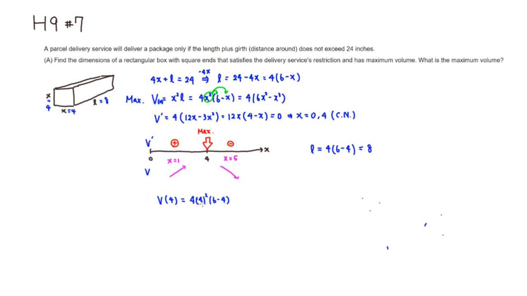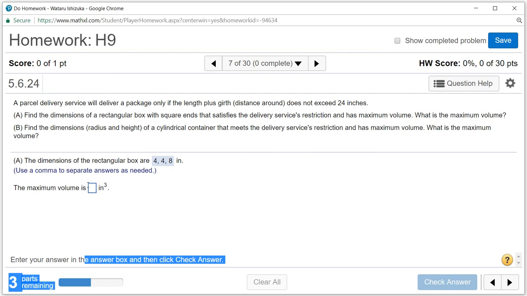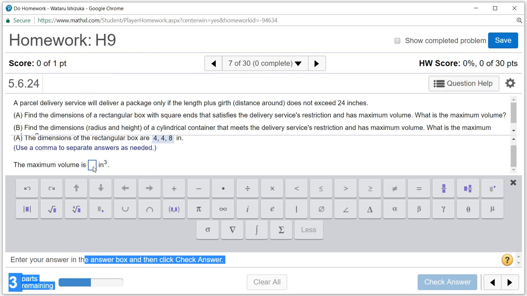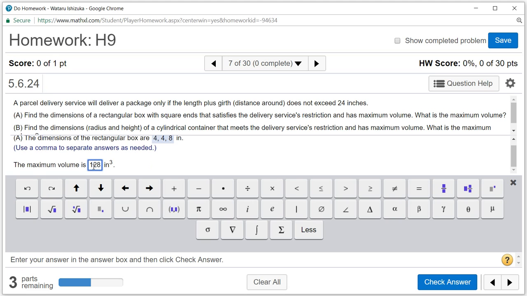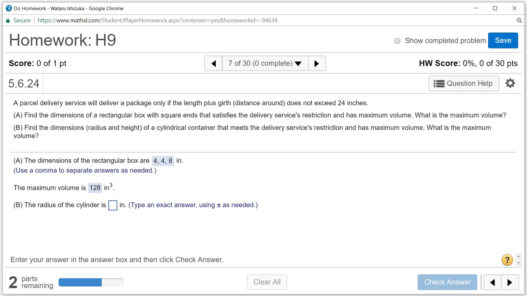So we have 4 cubed, which is 64, times 2, so 128. So the volume is going to be 128. Alright, let's check the answer. We got that. Alright, that's it. I'm going to do part B in a separate video.